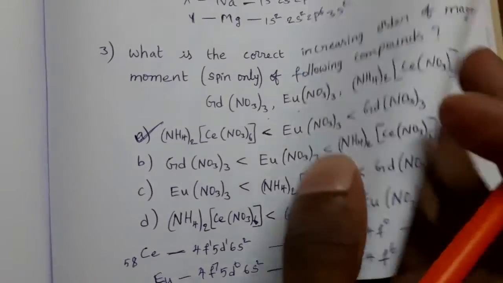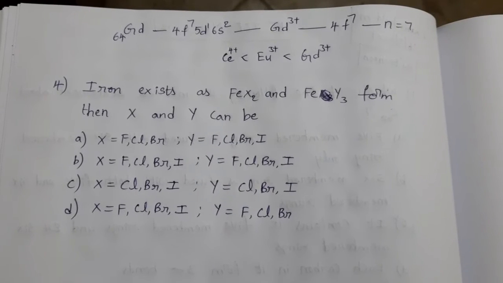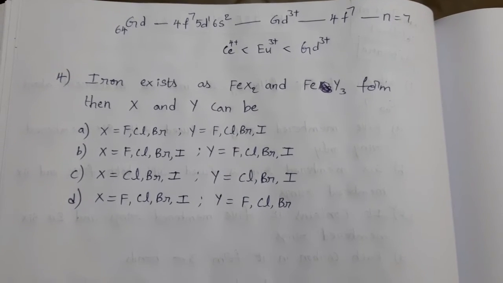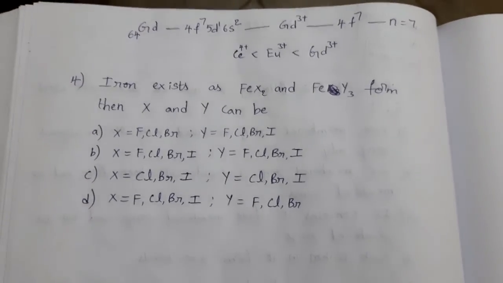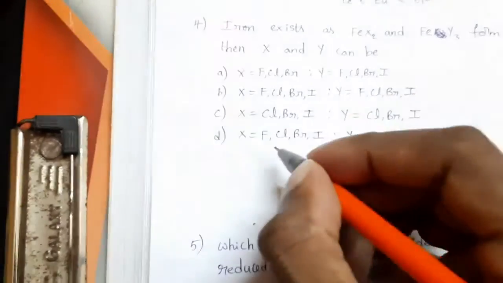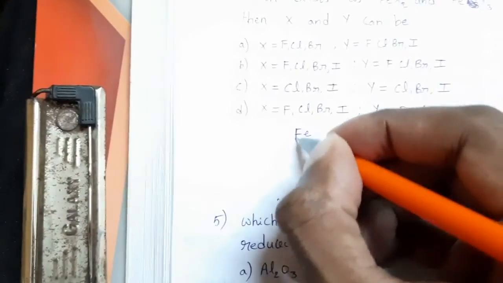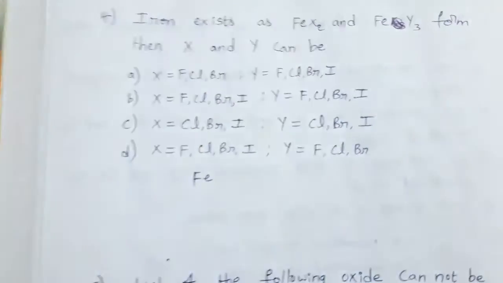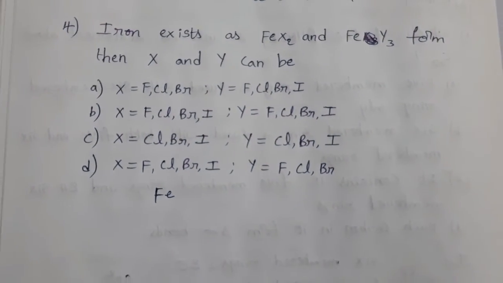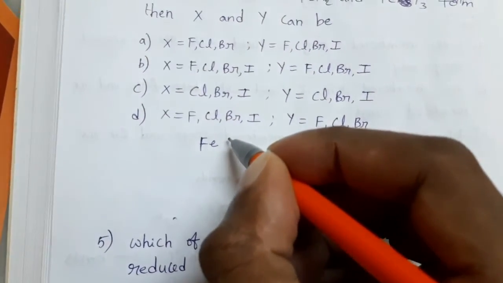Next question: iron exists as FeX2 and FeY3 form. Then X and Y can be? Here FeY3 is not stable because, in place of Y, if you take iodine, then the compound is FeI3.